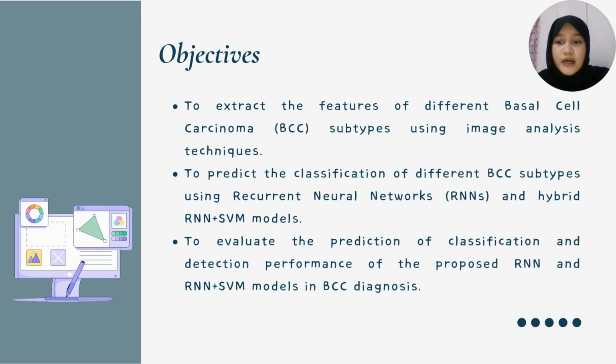The models are tested using accuracy, sensitivity, and specificity metrics to determine their effectiveness in correctly identifying BCC subtypes. A comparison between RNN and RNN plus SVM helps assess which approach provides more reliable and accurate results for BCC diagnosis.